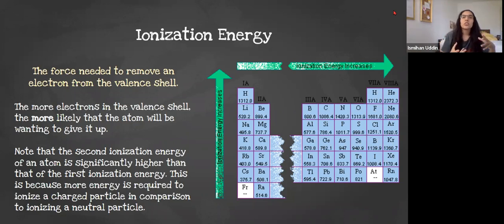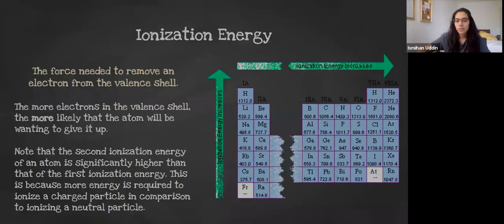With second ionization energy, you're starting with that cation, so you already have a charged particle, and now you're wanting to remove another electron. And removing electrons from charged particles is a lot more difficult than removing them from a neutral particle. Although even with that neutral particle, as we mentioned, it can have differences in force. So again, fluorine's the king. We're going up that trend.